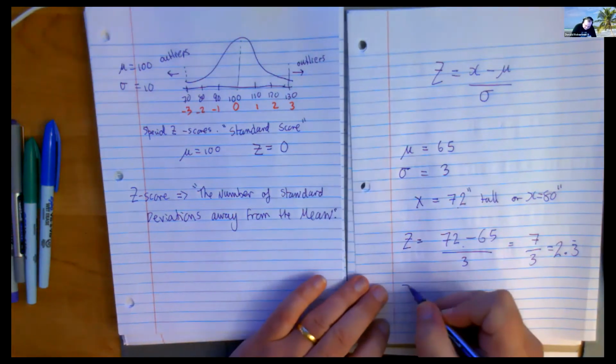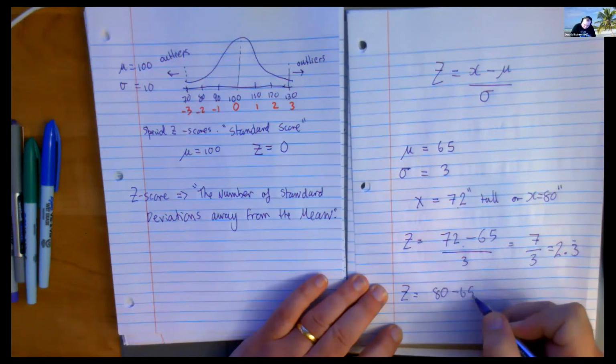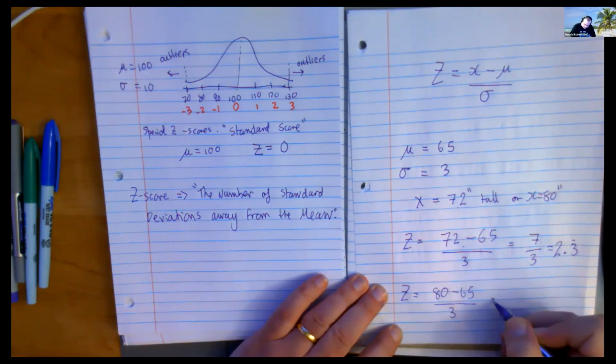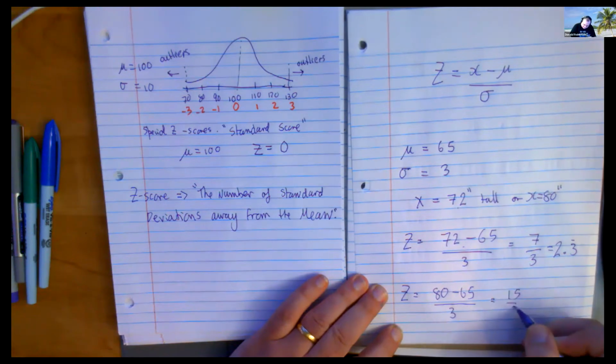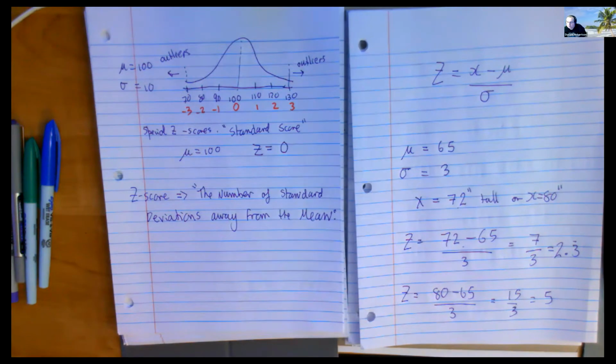But let's verify it by a z-score. 80, take away 65, over 3, and that ends up being 5, which is bigger than 3. And so the z-score test for outliers is, if the z-score is bigger than 3, you are an outlier. And if the z-score is less than -3, you're an outlier.